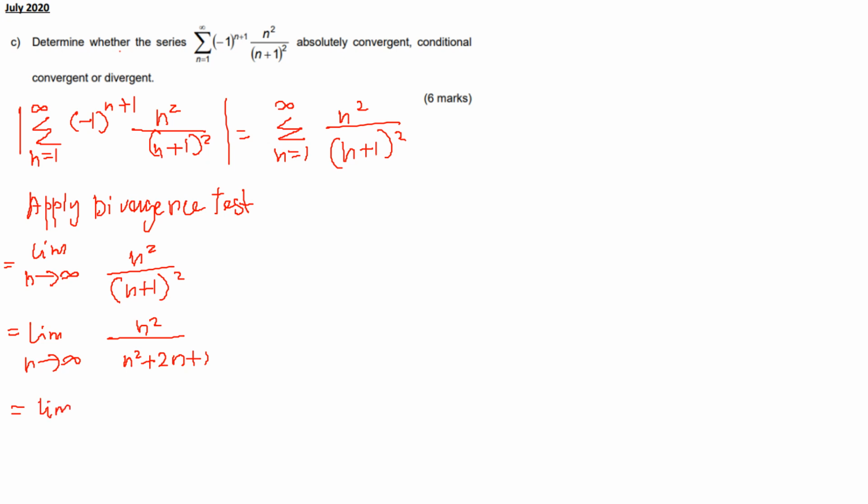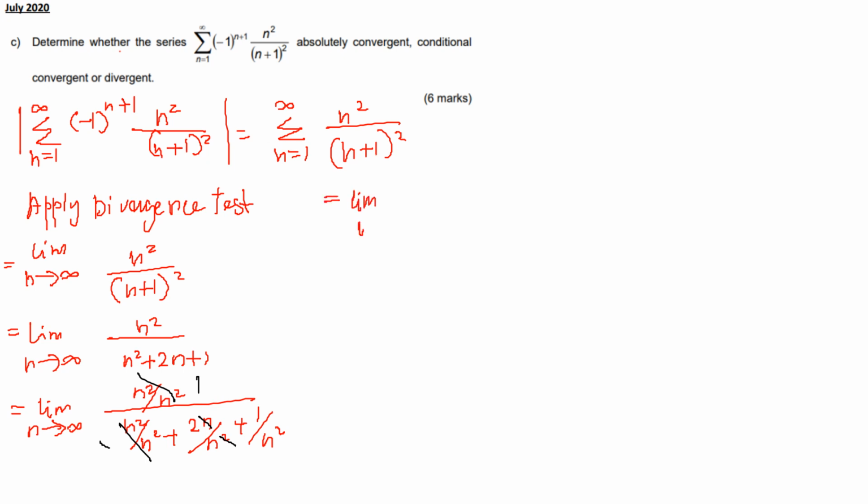We can solve by dividing with the highest power, n squared over n squared. If we simplify, you will get 1 over 1. Okay, so continue.